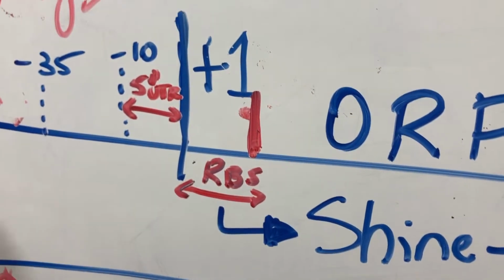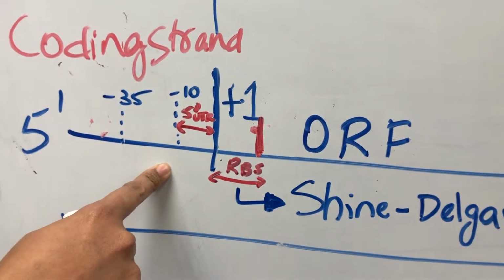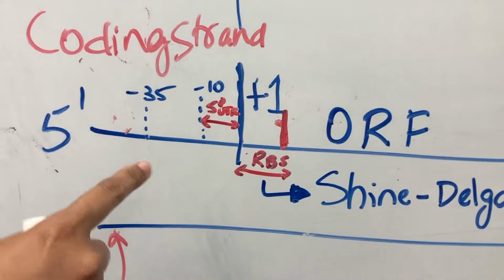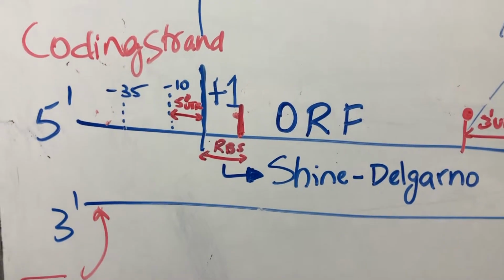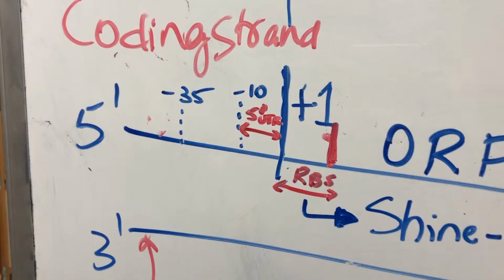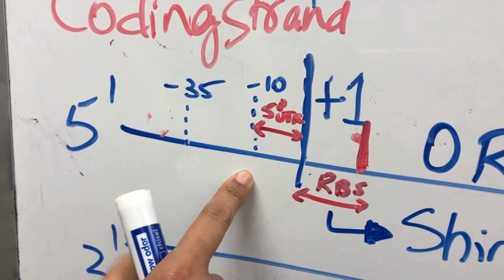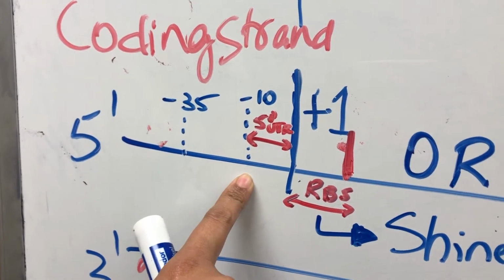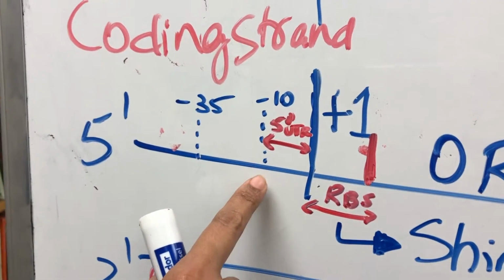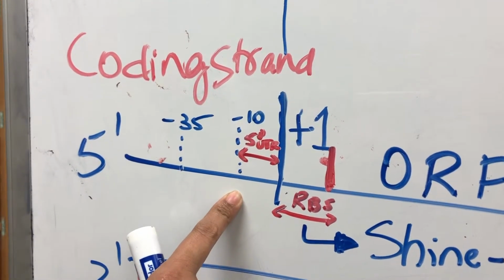Now, what is the -35 to -10 region? These are the sites where the RNA polymerase coupled with the sigma factor will bind. Specifically, the -10 promoter region is the TATA box. It is called the TATA box because A and T nucleotides are rich in this region.